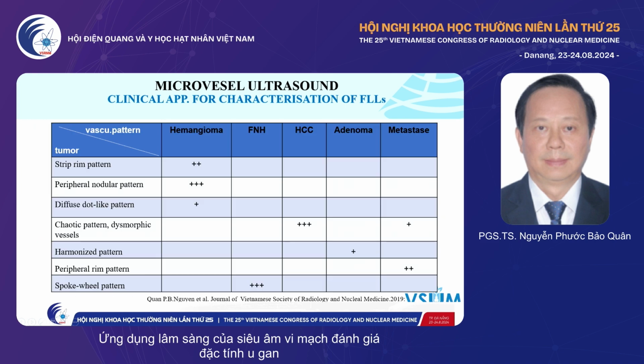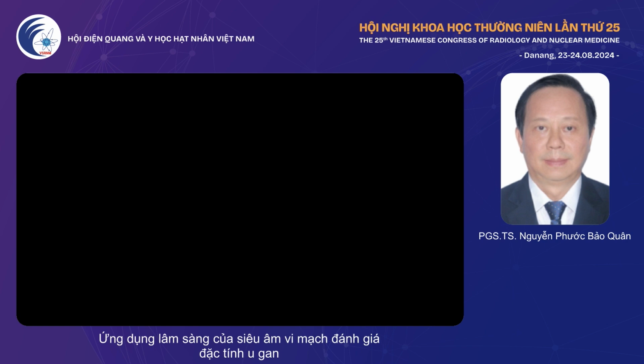In my personal collection, published in the Vietnamese Journal of the Vietnam Society of Radiology and Nuclear Medicine, we also found 7 patterns of vascularization.